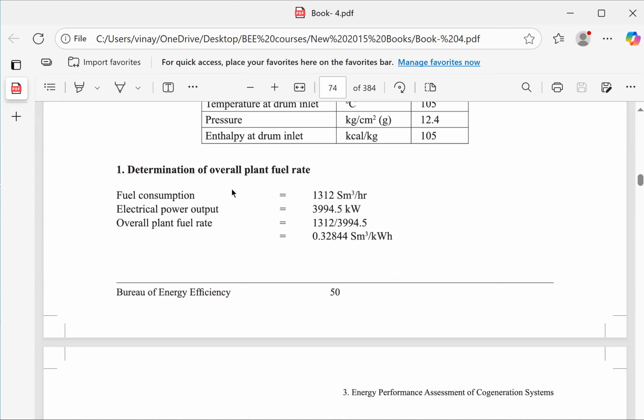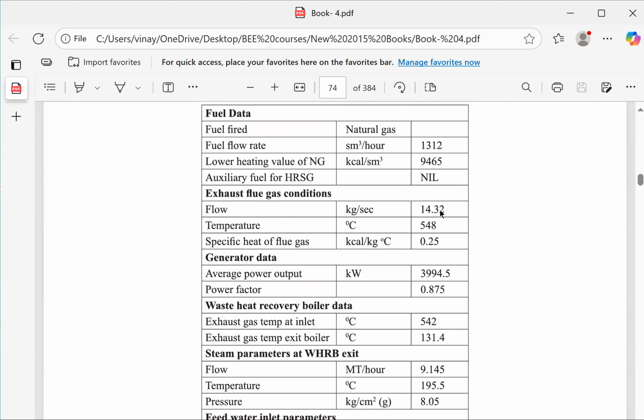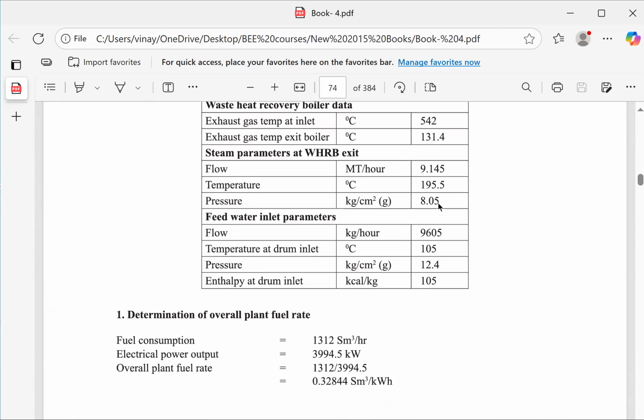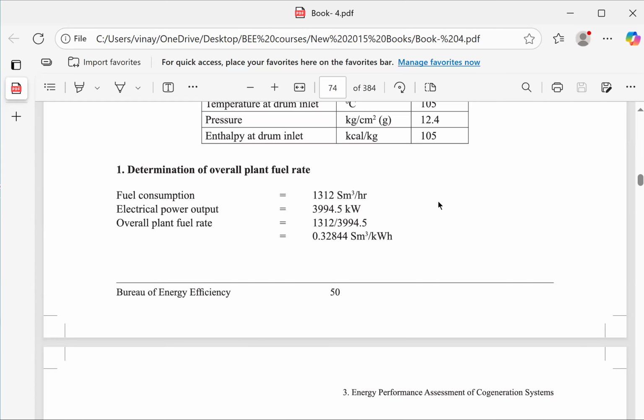Now to calculate overall plant heat rate: the fuel rate, so much gas is used per hour. That is the fuel consumption, that is the fuel rate. Determination of overall plant fuel rate, electrical power output, overall plant fuel rate is given.